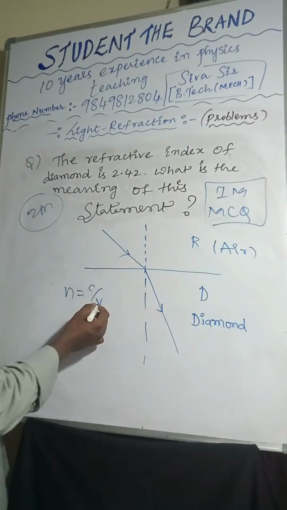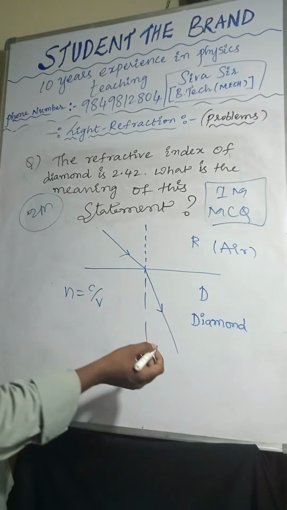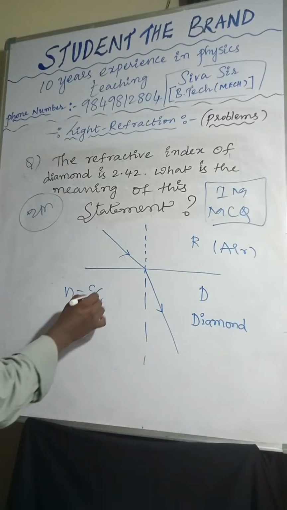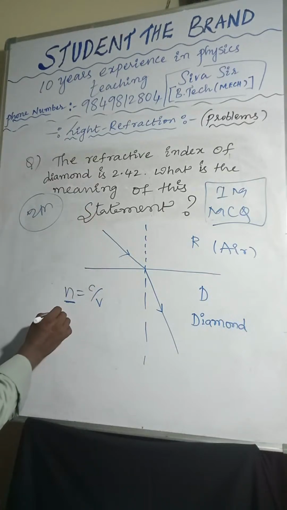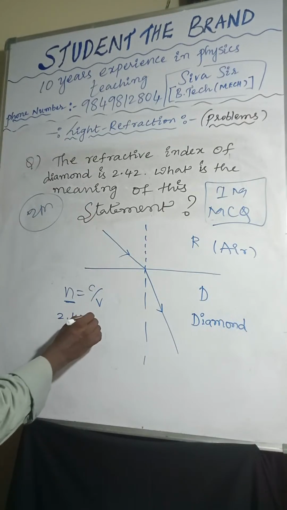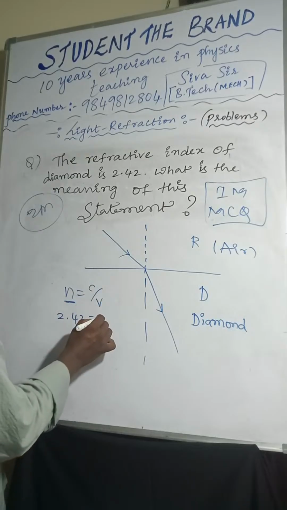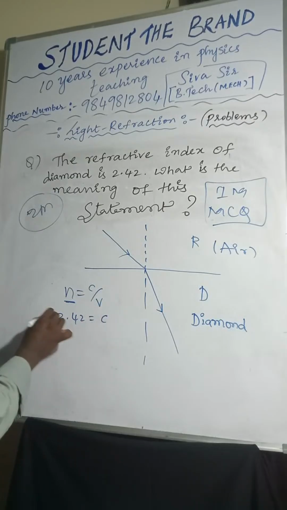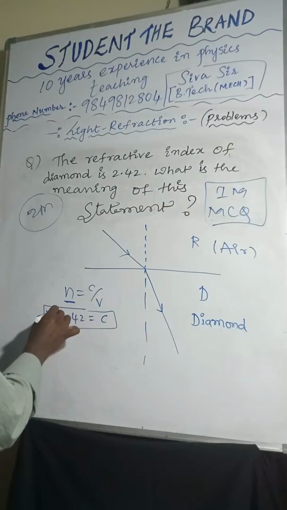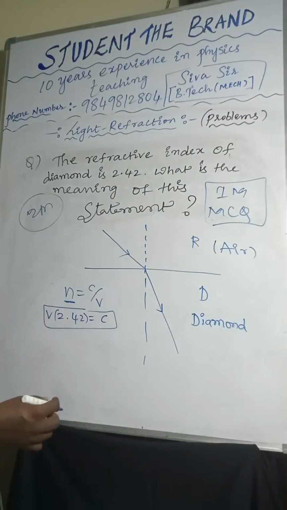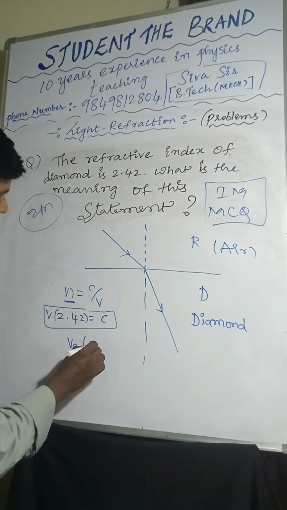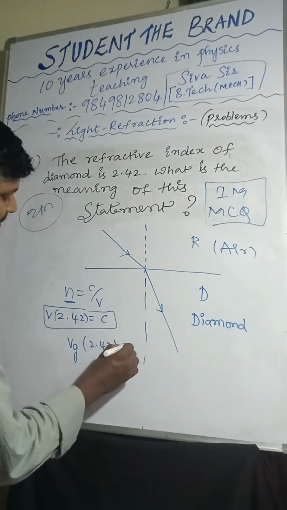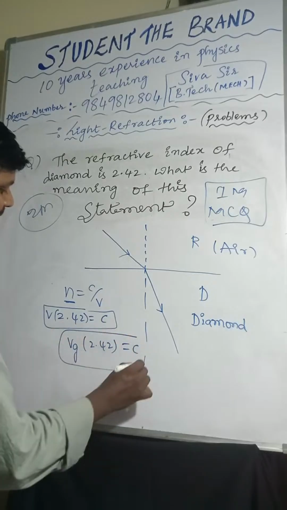V is the velocity of light in diamond. The refractive index is given as 2.42, so C equals V into 2.42. So the velocity of light in air is equal to 2.42 times the velocity of light in diamond.